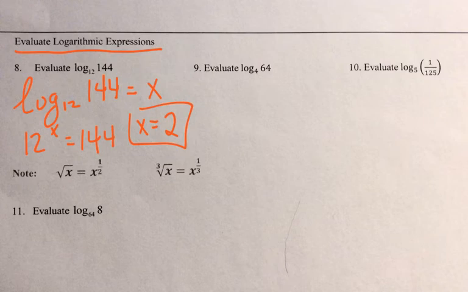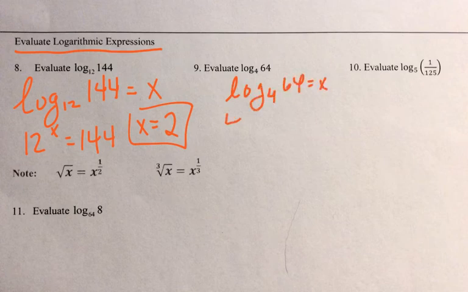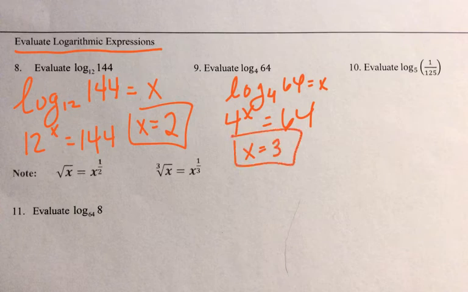So again, this is why rewriting these as an exponential function might help. If we take log base 4 of 64 equals what? Well, that's 4 to what power equals 64? 4 to the third power equals 64, so x is going to be equal to 3.